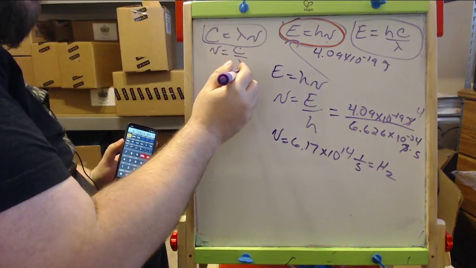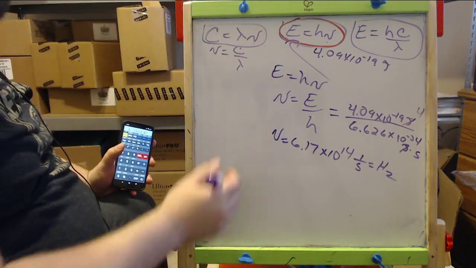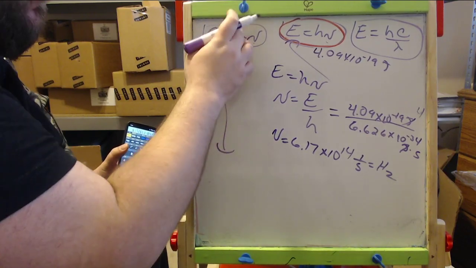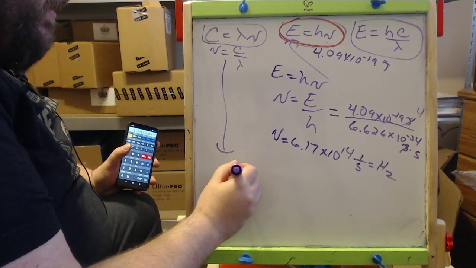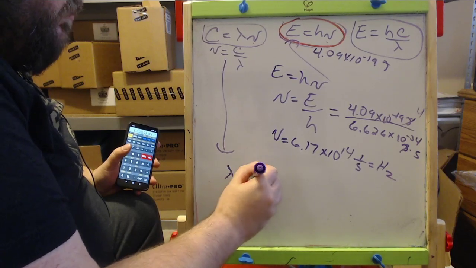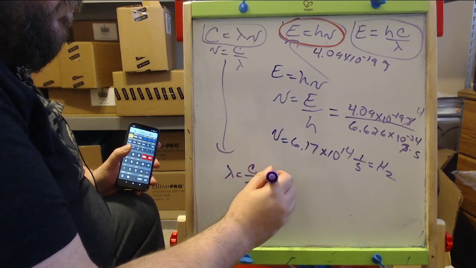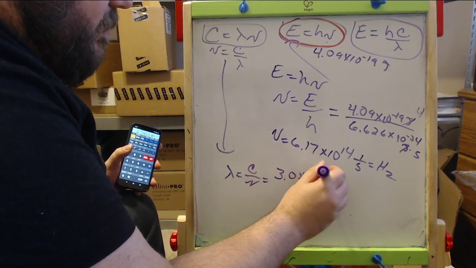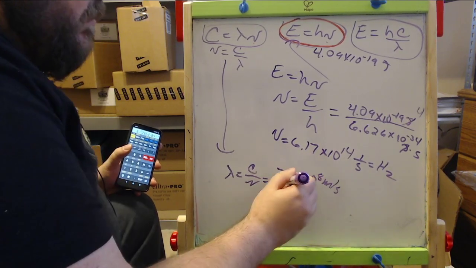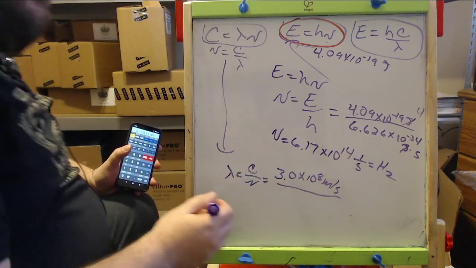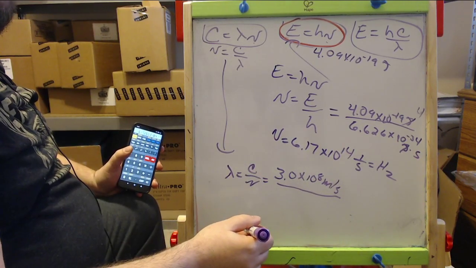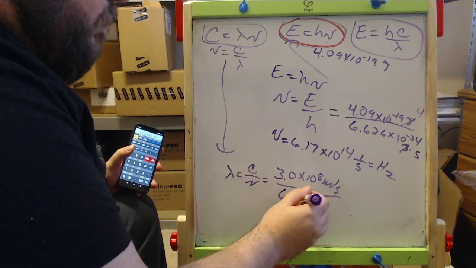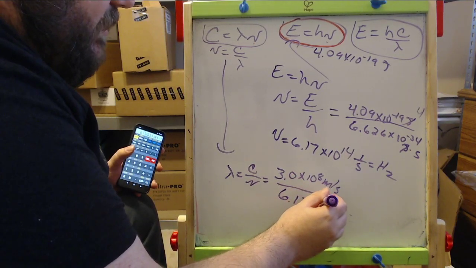What if they wanted to know wavelength? If they wanted to know wavelength, we use this formula here. Wavelength equals c over nu. C is the speed of light constant, meters per second. Our frequency we calculated, 6.17 times 10 to the 14th.